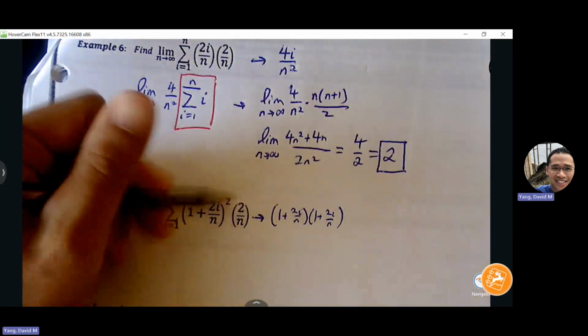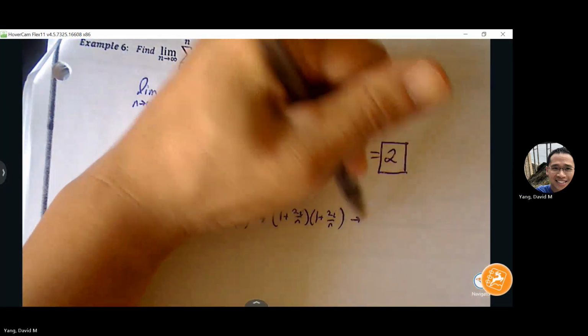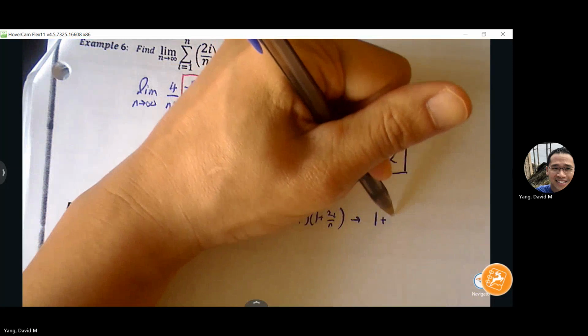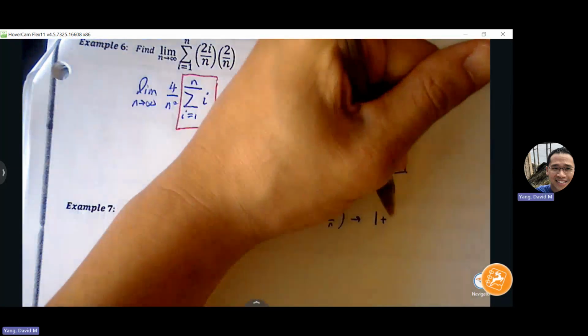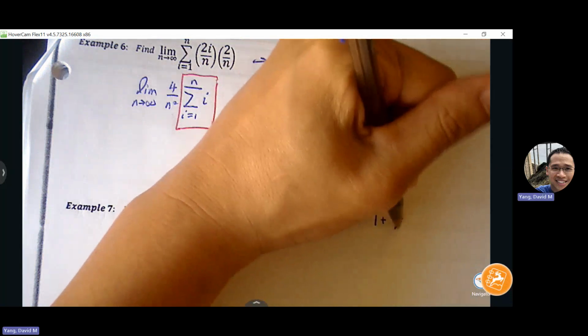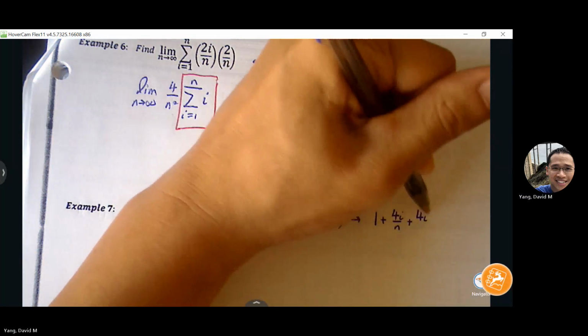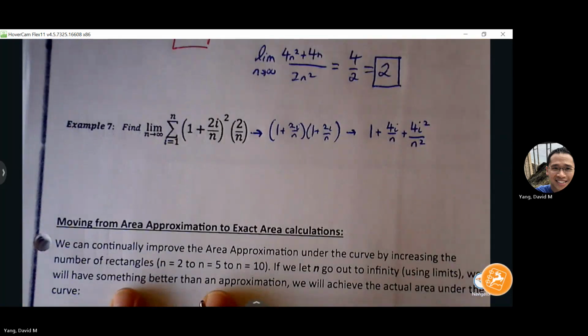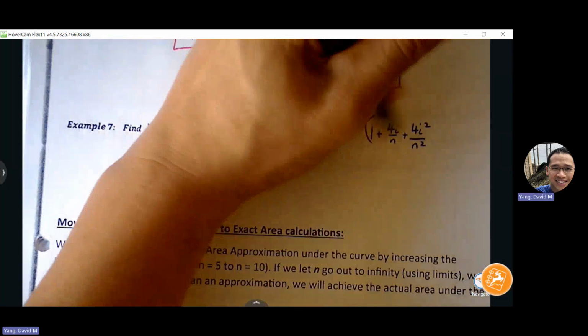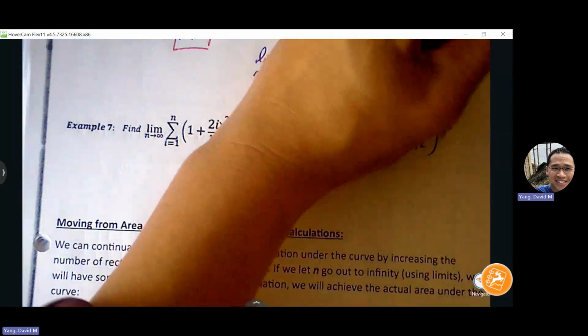Let me FOIL this out first, and then I'll deal with that 2 over n. So I get 1 plus 2i over n plus 2i over n, which is 4i over n. And all this, I will distribute the 2 over n through.